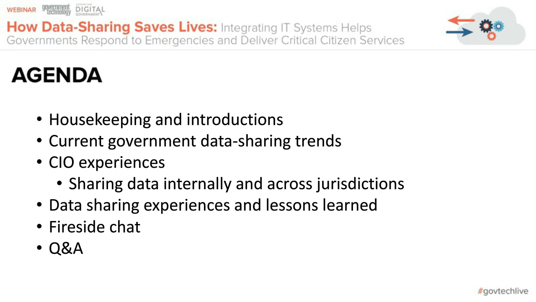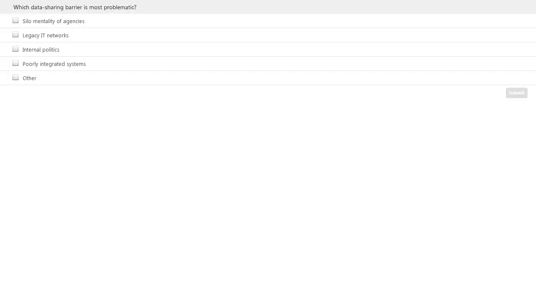With that being said, I think that now's the time that we need to hear from our speakers. But before we do that, what I would like to do with the audience is ask a question. And that is, if you would all answer with one of these selections, which data sharing barrier is most problematic?